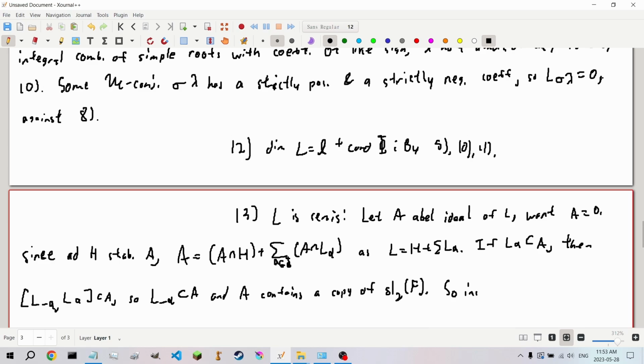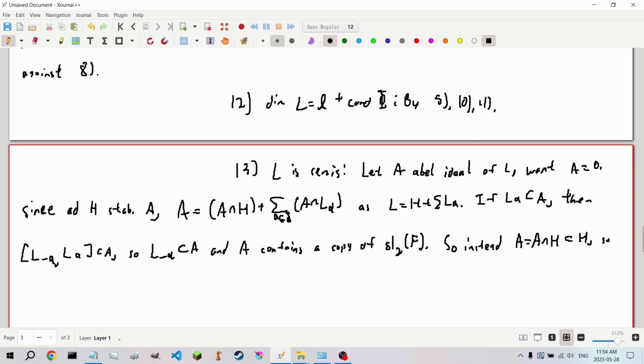So instead, A is equal to A intersection H, within H. So the bracket of L alpha with A is 0. So A is inside the intersection of the kernels of each root, which is 0 as the alphas span H star.